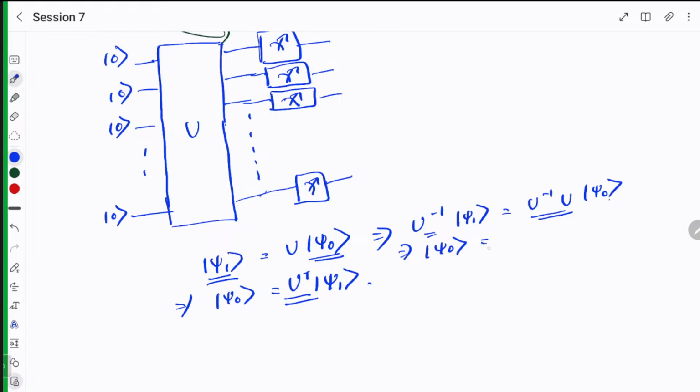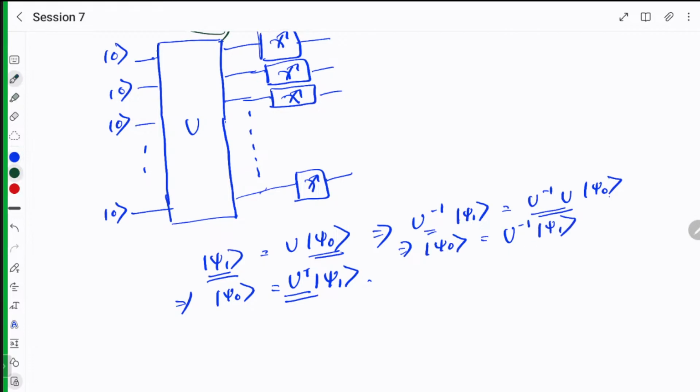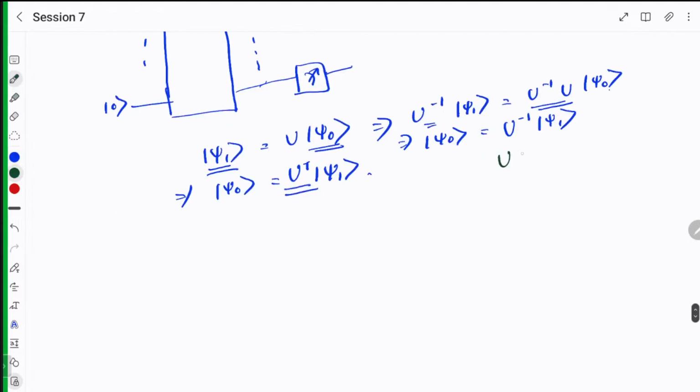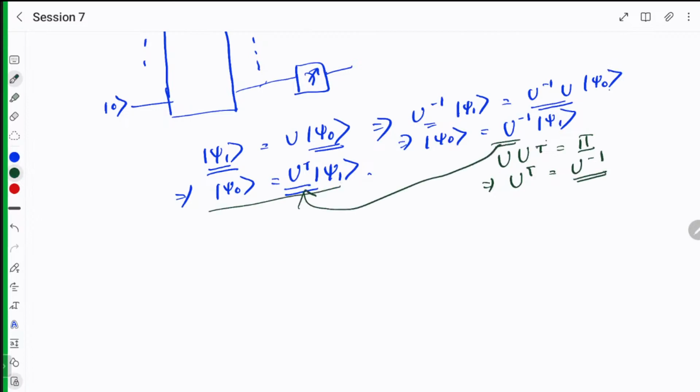So psi naught is U inverse psi 1. But remember that U is a unitary matrix, so U transpose U we know is identity. From there, you can find out that U transpose is U inverse, so you can replace U inverse by U transpose.